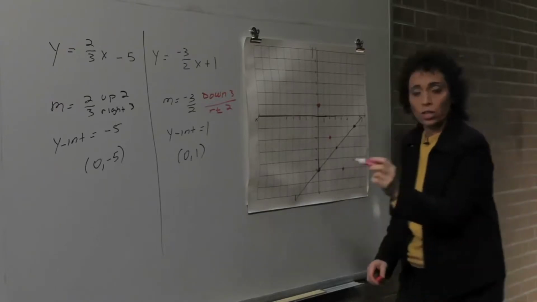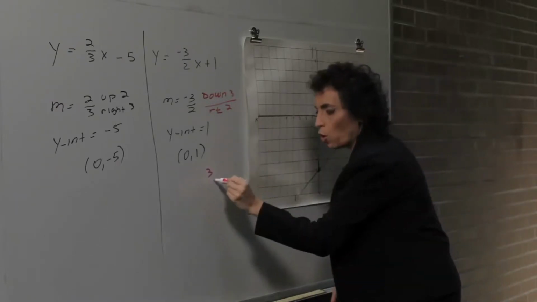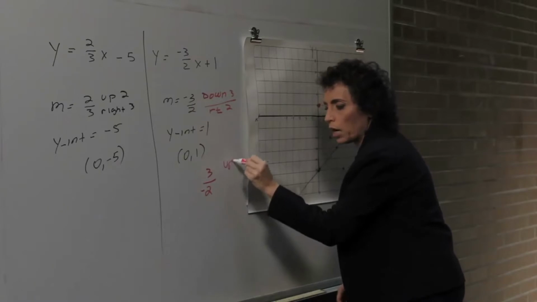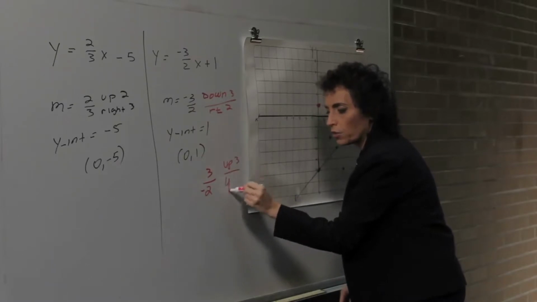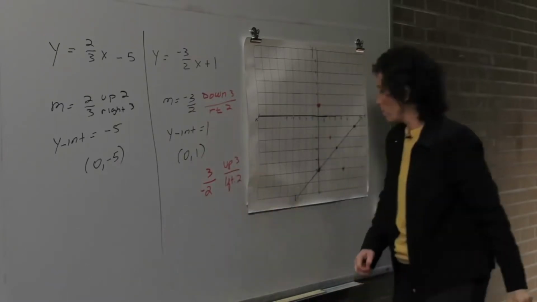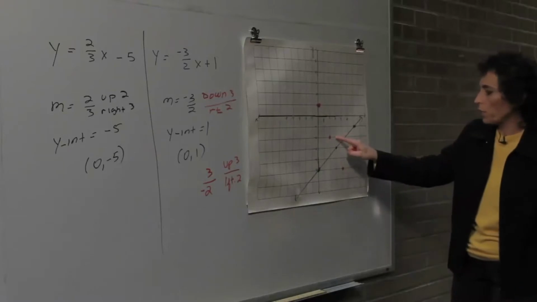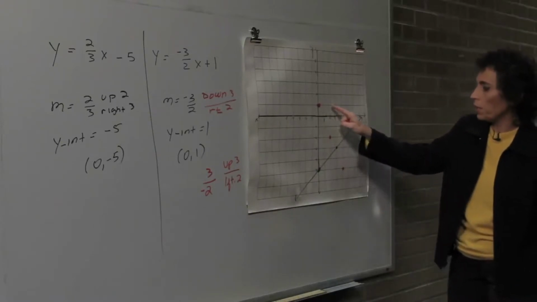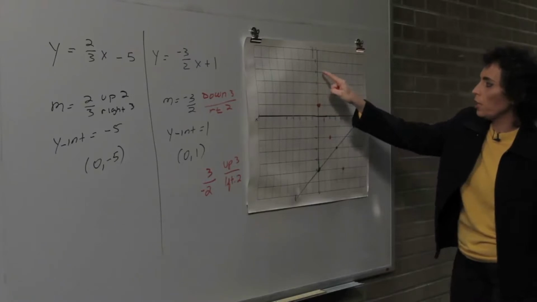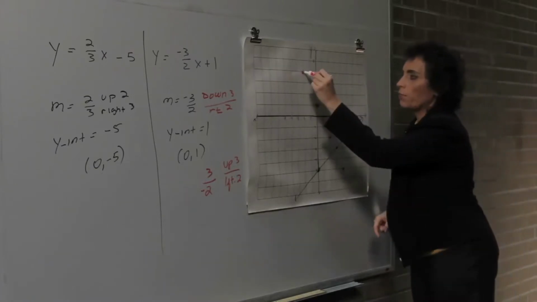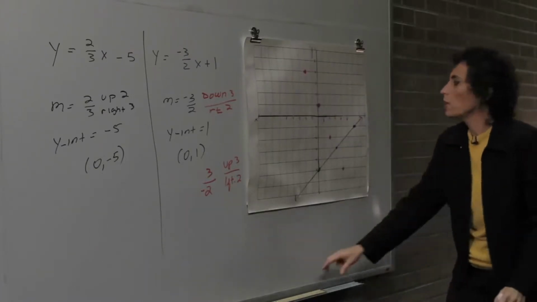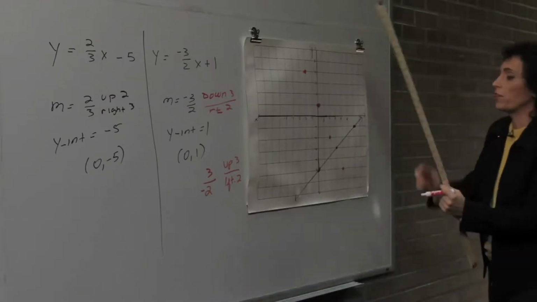Or, let me just say this, you could write that as 3 over -2, which would be up 3 to the left 2. Up 3, 1, 2, 3, to the left 2. Anything that makes you happy. Okay, I'm done there.